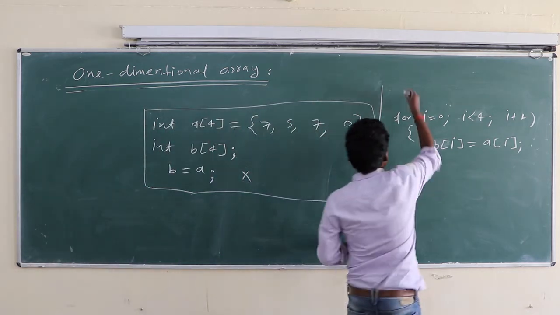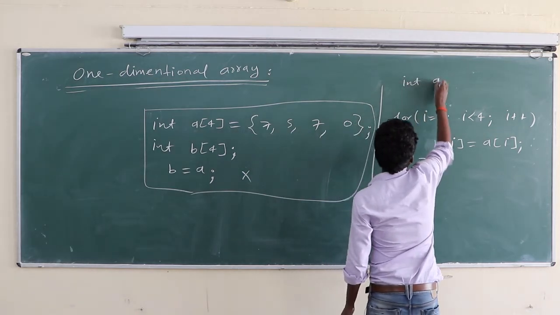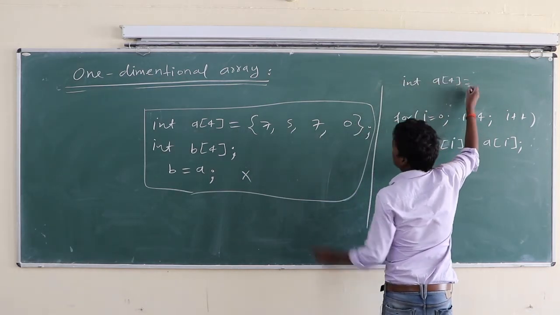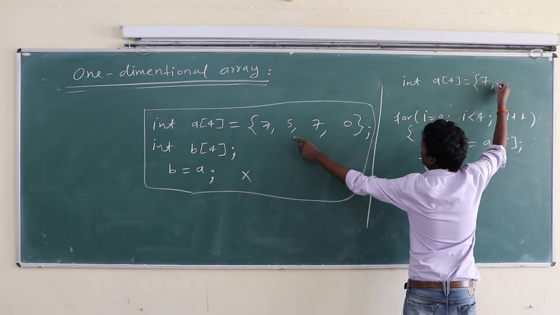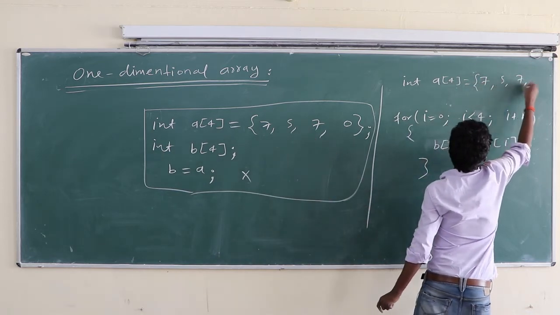This assignment is true here. Int a[4] equal to {7, 5, 7, 0}.